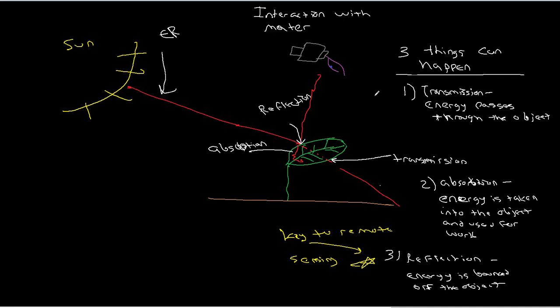Again, think of a cell phone picture. So, taking a step back to recap, we have energy being emitted from the sun, hitting an object. It either passes through it via transmission, is taken into the object to do work via absorption, or, most important to remote sensing, it bounces off the object via reflection, where it then hits the sensor.